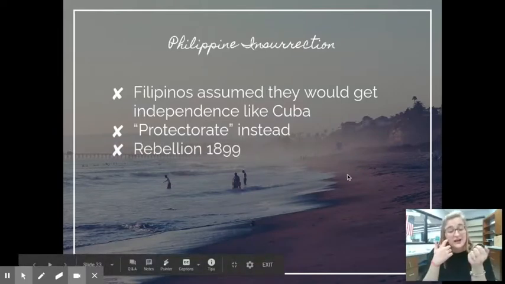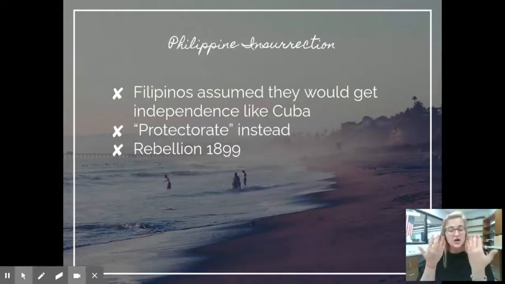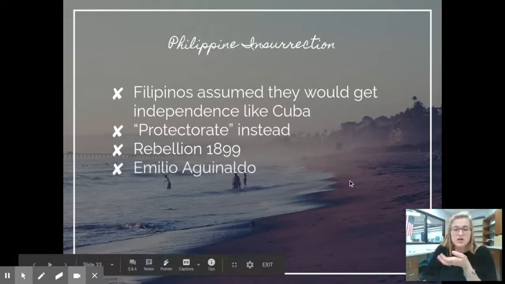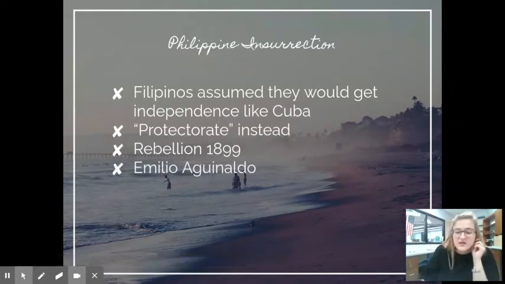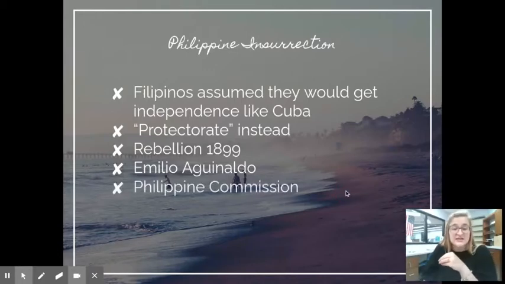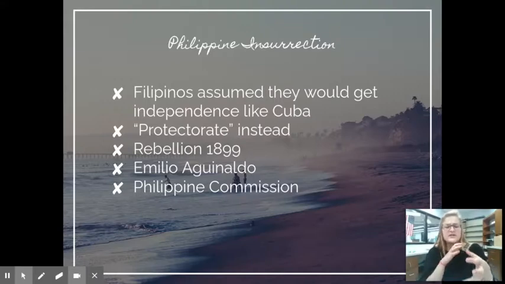There's a rebellion in February 1899, a year after they are taken over by the U.S., and the rebellious leader, his name is Emilio Aguinaldo, and he's very famous in Filipino history. He declared the Philippines as independent, and there's savage fighting and more casualties than the Spanish-American War. The Filipino armies flee to the jungle.